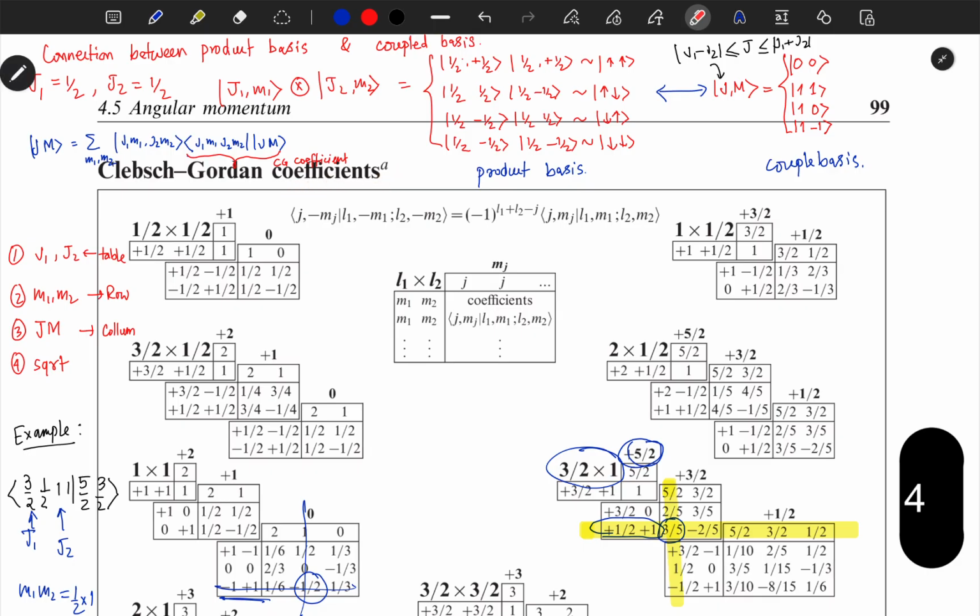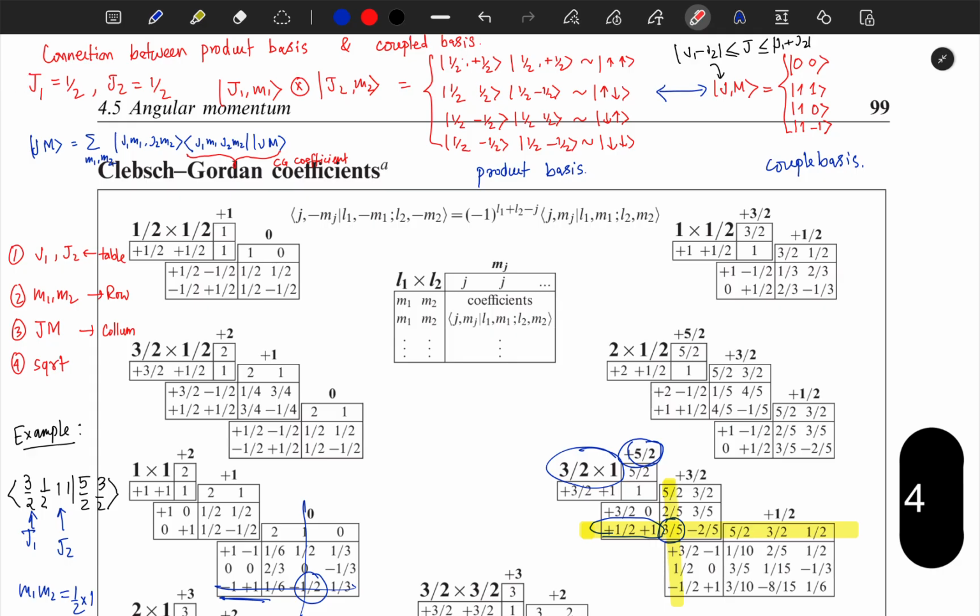Now Clebsch-Gordan coefficients. These coefficients make connections between the product basis and the coupled basis. So let's say we have two angular momenta, j1 equal to half and j2 equal to half. So we can have different m values for the system.